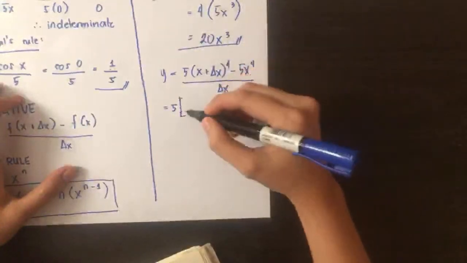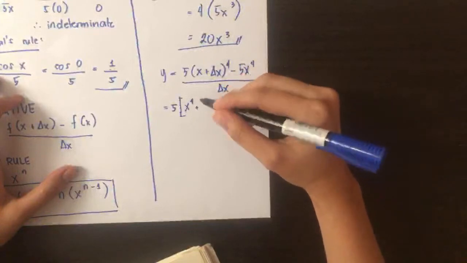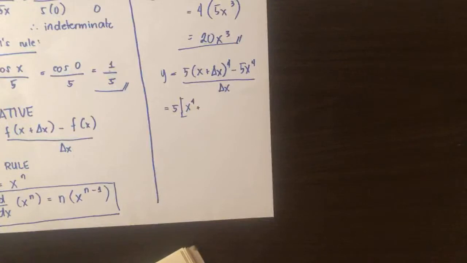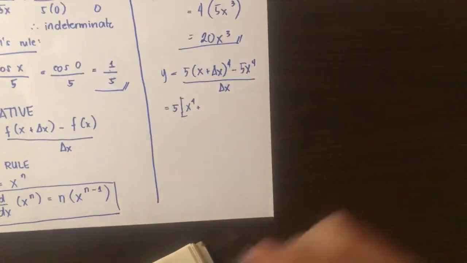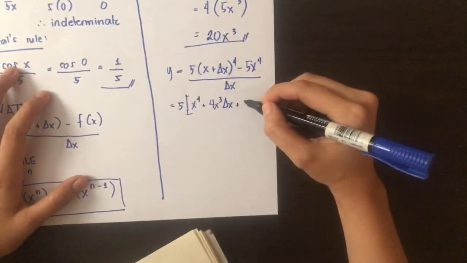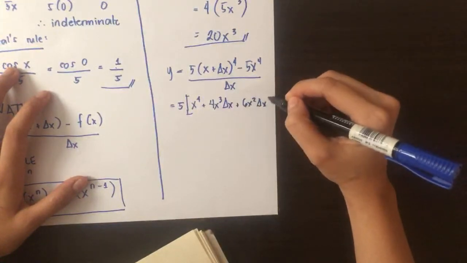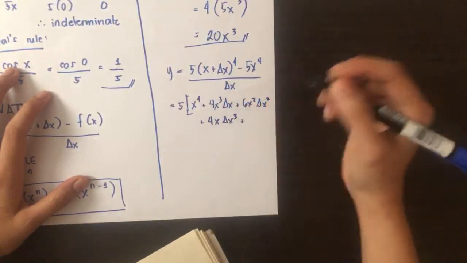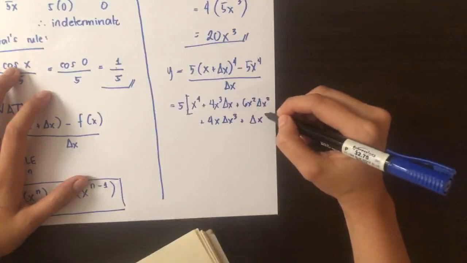So we have x raised to 4 plus 4x cubed delta x plus 6x squared delta x squared plus 4x delta x cubed plus delta x 4.